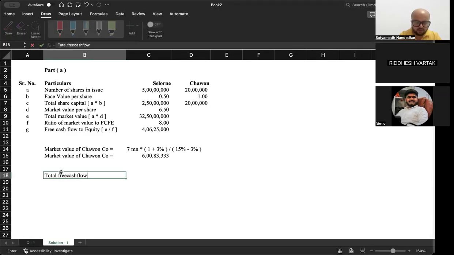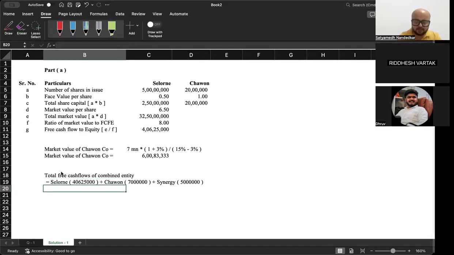So, what is the total free cash flow of the combined entity? Selorne, how much is Selorne's? 40625000 plus Chavon, how much is its? 7 million plus synergy 5 million. Okay. How much will the total be? Let's quickly calculate.